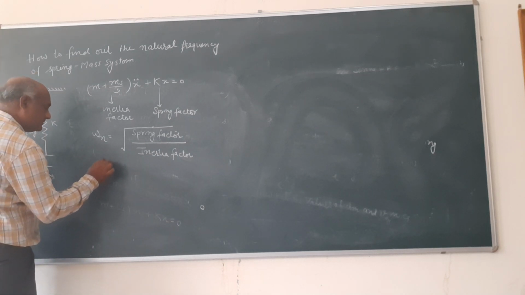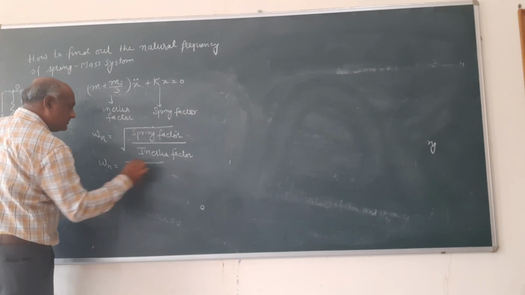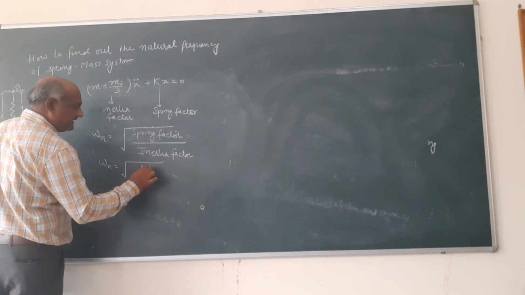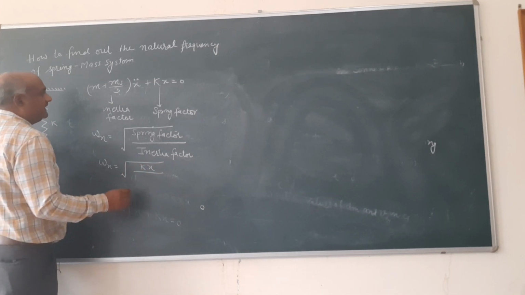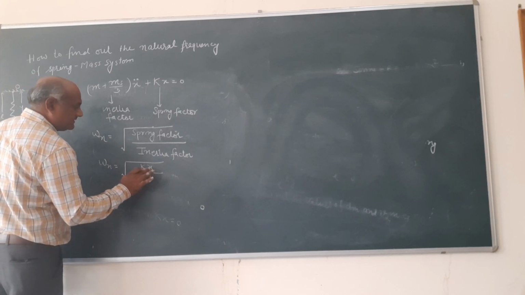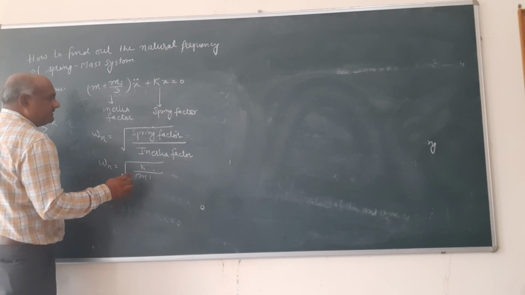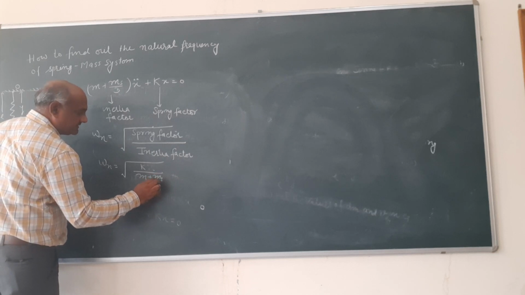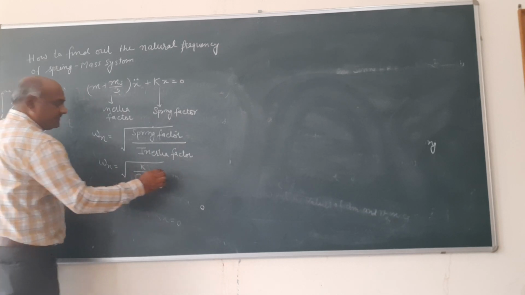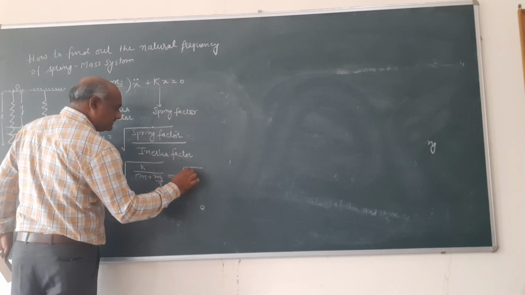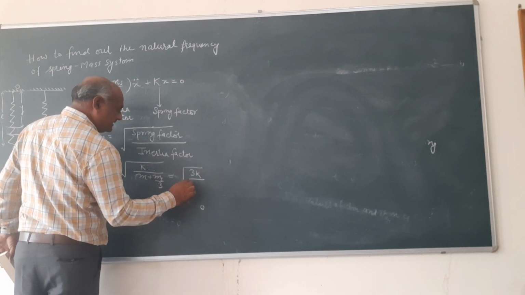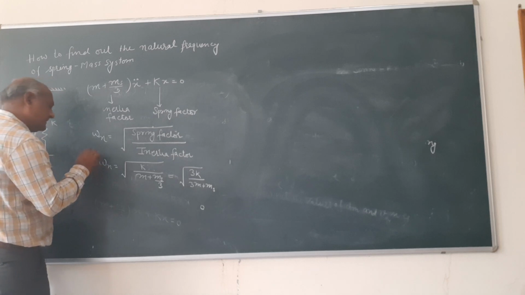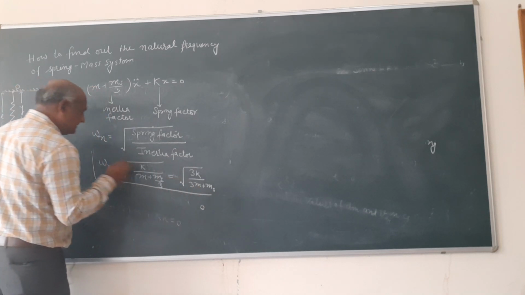So omega n is equal to the square root of k divided by m plus ms by 3, which is equal to the square root of 3k divided by 3m plus ms. This is our required result.